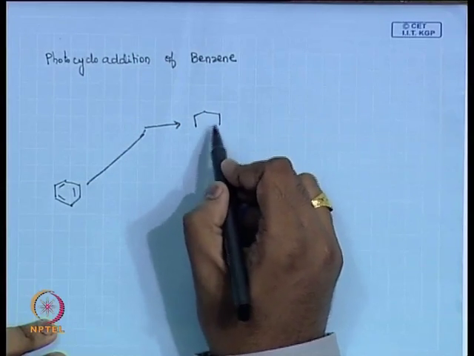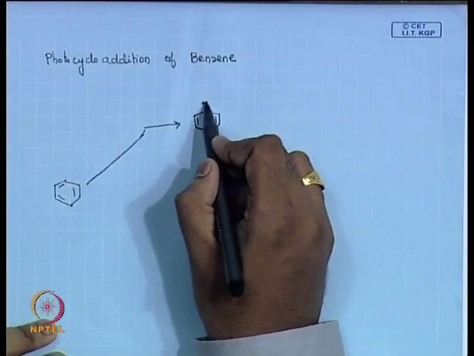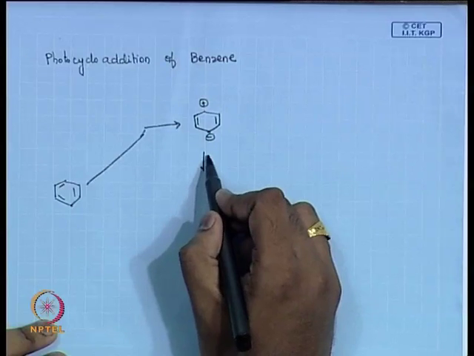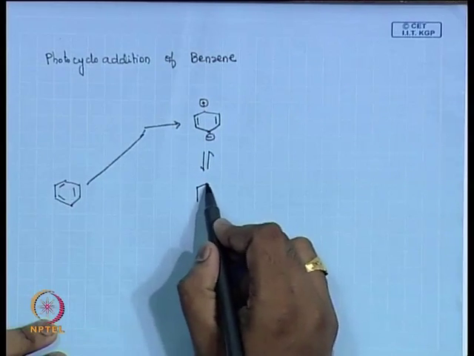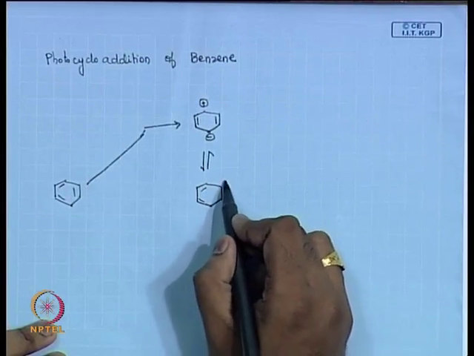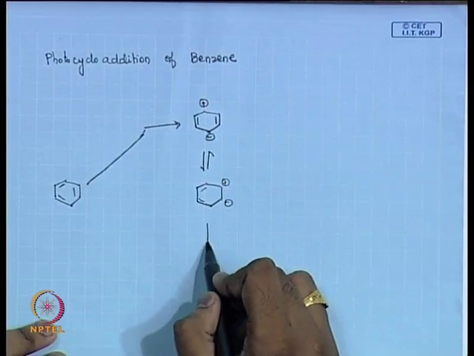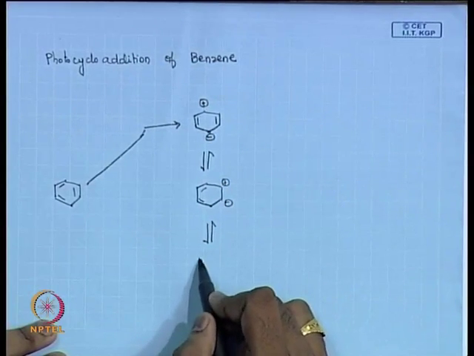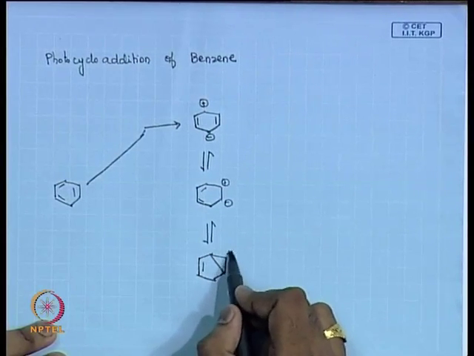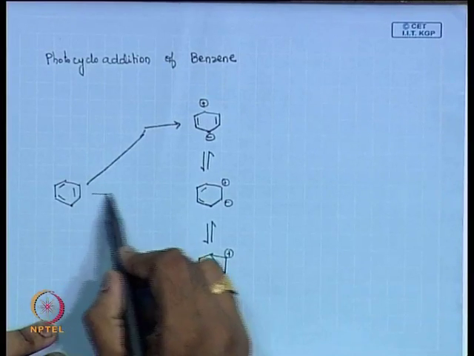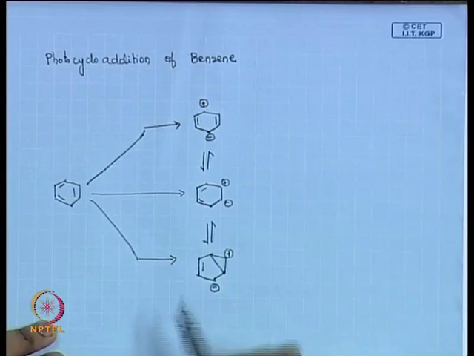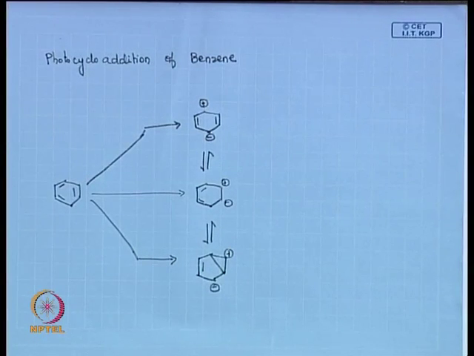I might end up with plus minus of this, right, which can be in equilibrium to, you can get these three forms that you know.